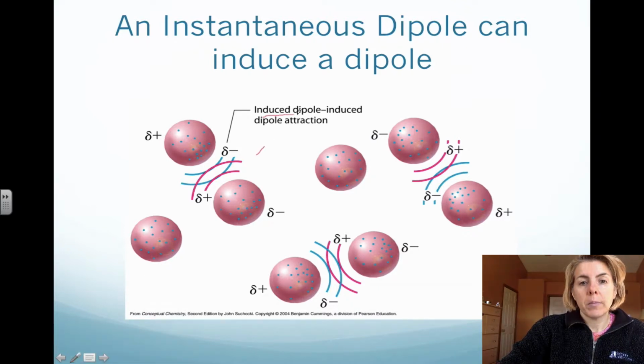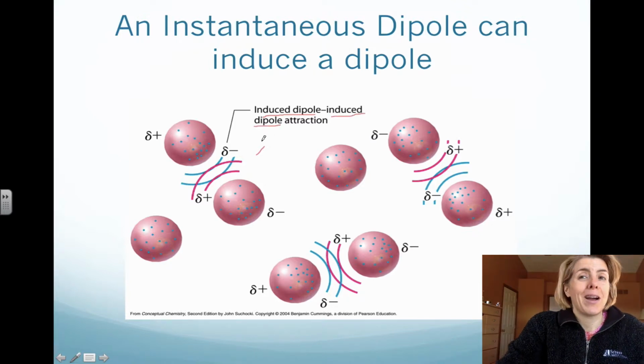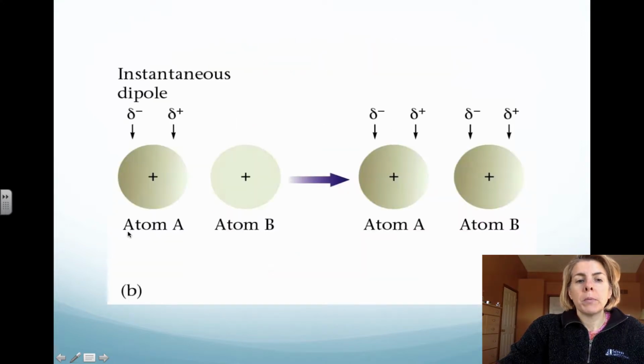Induced dipole is a weaker attraction than what we talked about with dipole-dipole attraction. So please remember, we have one atom or molecule that has this split-second arrangement of electron density, and it forces the second element or molecule to acquire the same type of arrangement.